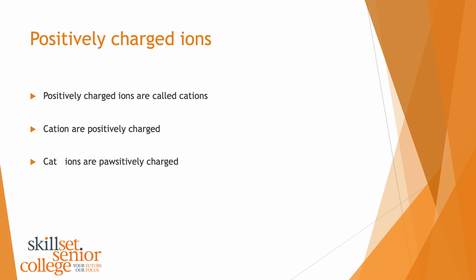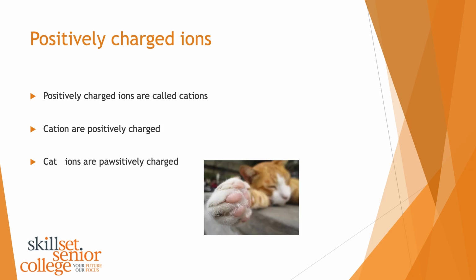Every time I get mixed up, I think: cats have paws. Cations are positively charged. Might be a bit of a stretch. I can hear your eye rolling from here, but I guarantee you'll not forget it if you remember this memory aid. Cations are the positively charged ions.